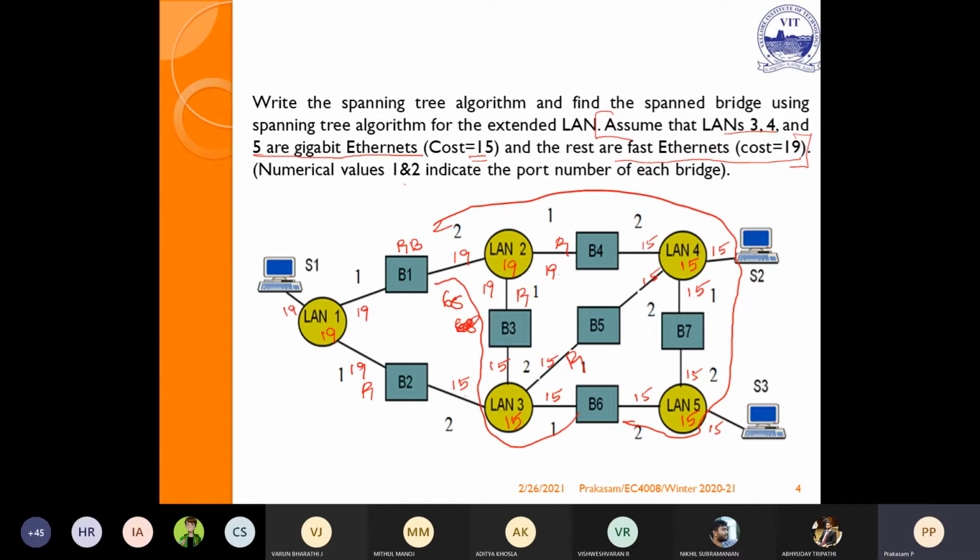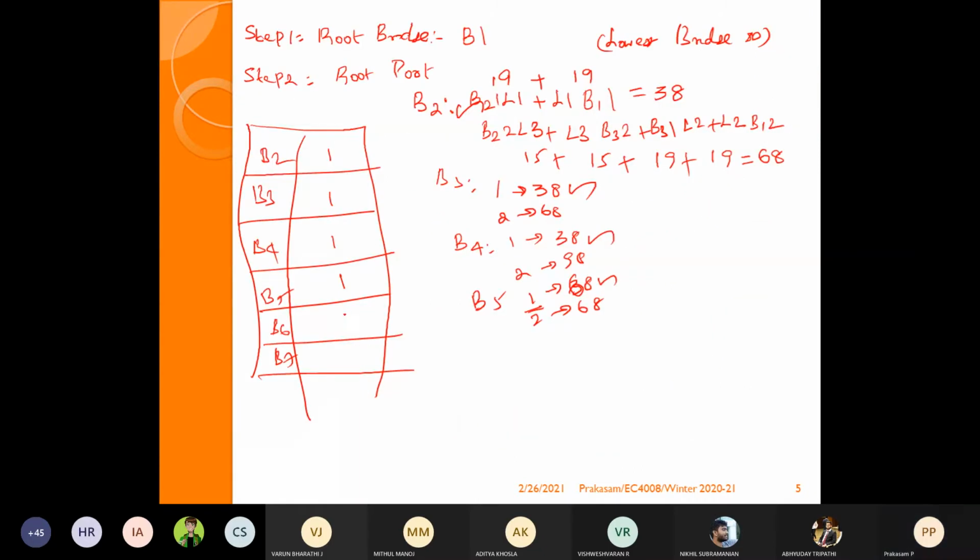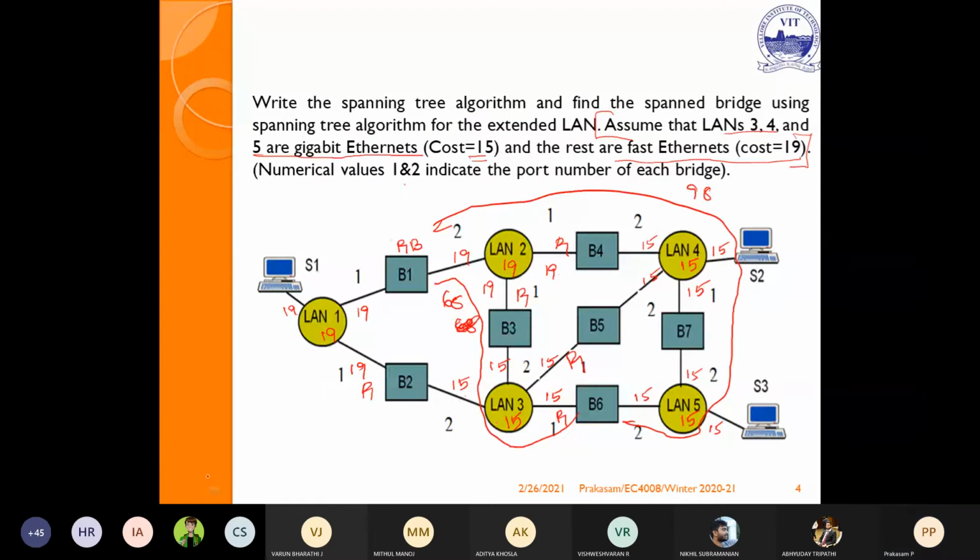Here 15, 30, 45, 60, 98. So automatically, this is the lowest. So for B6, 1 is the root port.